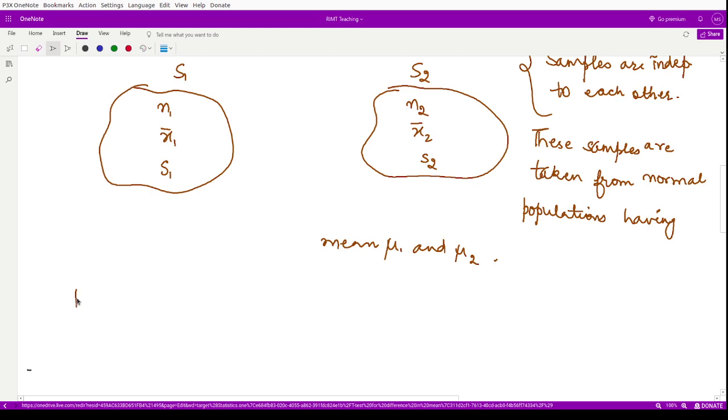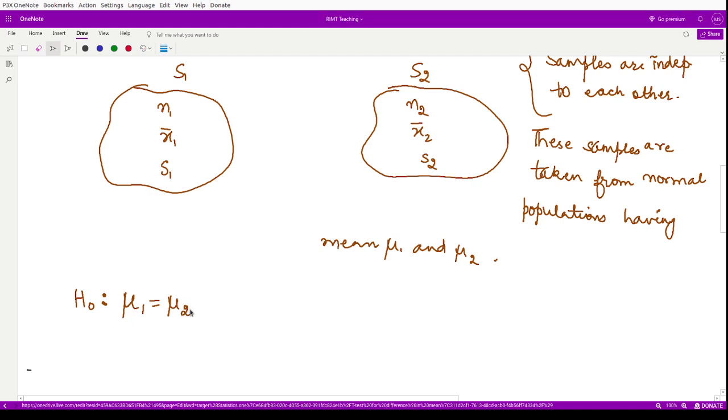In this case, your null hypothesis H0 tests whether the two samples are taken from the same population or not. That means we will check whether mu1 is equal to mu2 or not. So this is the null hypothesis in this particular case.